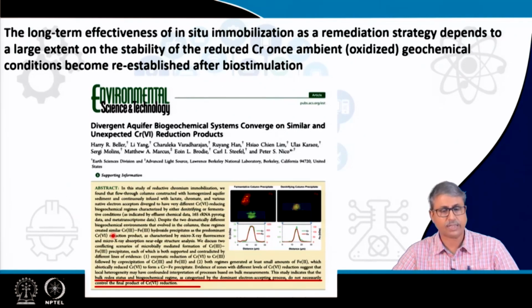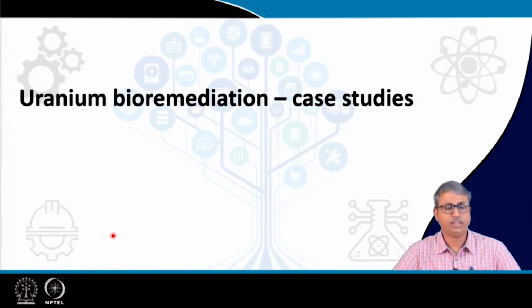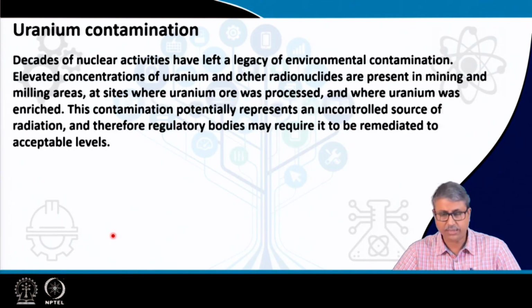So, the overall study showed that there is a very high degree of implementability of this concept, and they successfully remediated this site. Next, we will learn about uranium bioremediation through a case study.